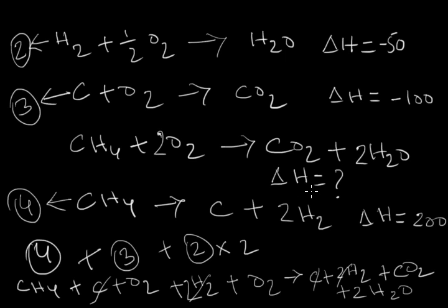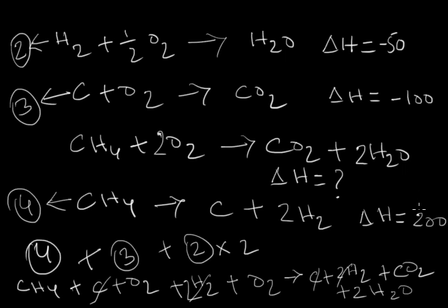Actually we get our target equation, that is CH4 plus 2O2 arrow CO2 plus 2H2O. And what is the value of delta H? Delta H is 200 minus 100, that is 100, minus 50 into 2, that is minus 100.